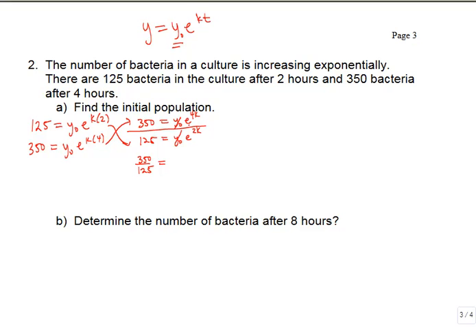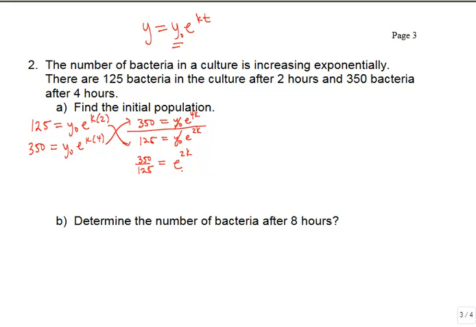And then what's e to the 4k divided by e to the 2k? Well, when you have two expressions with the same base and you're dividing them, you get to subtract their powers. So this becomes e to the 4k minus 2k, which is just e to the 2k. So now I'm left with an equation with only one variable, so I should be able to solve for k.